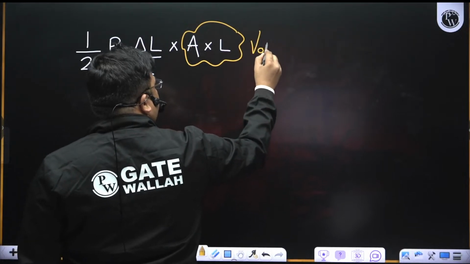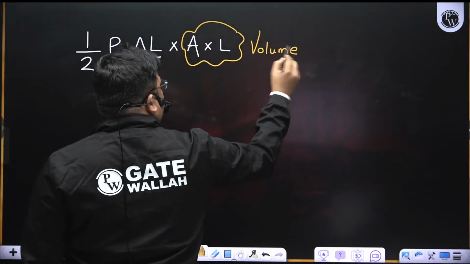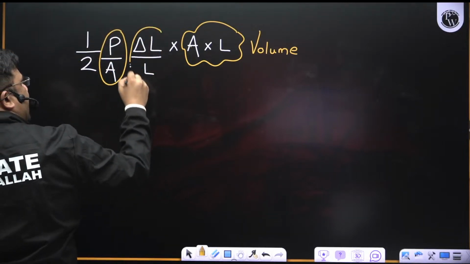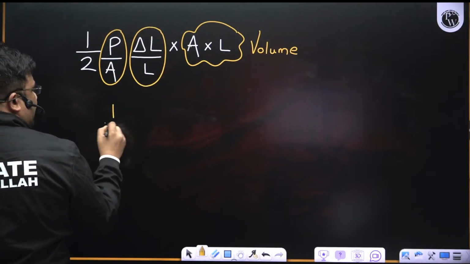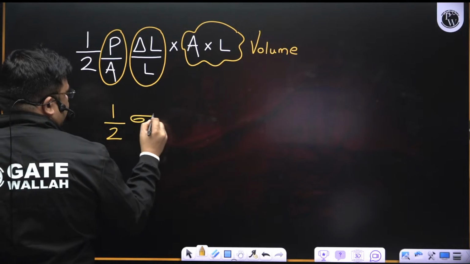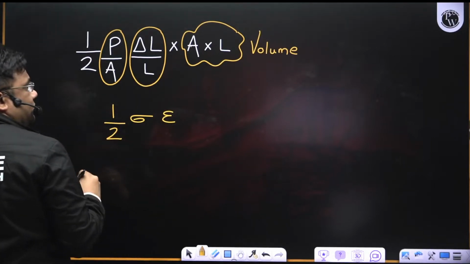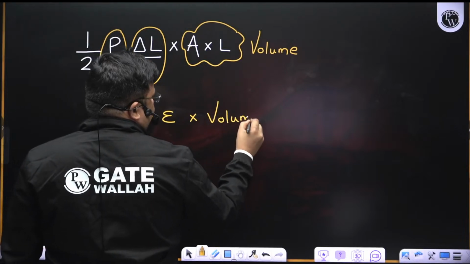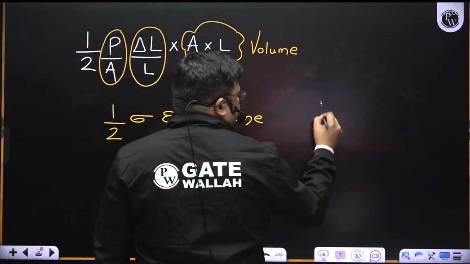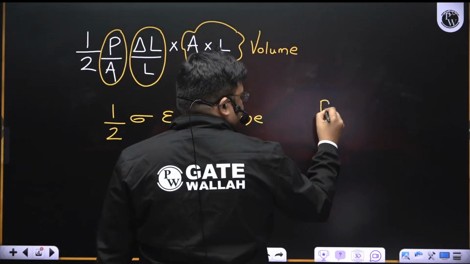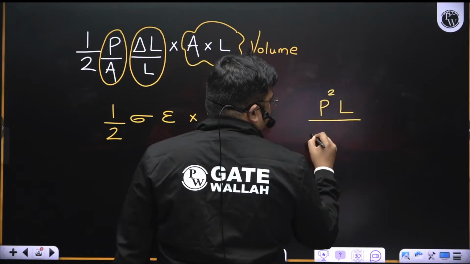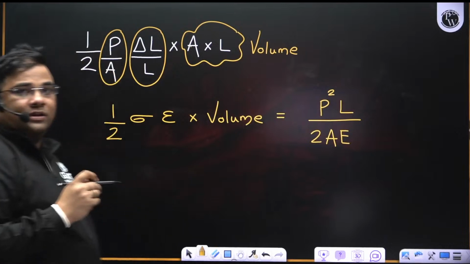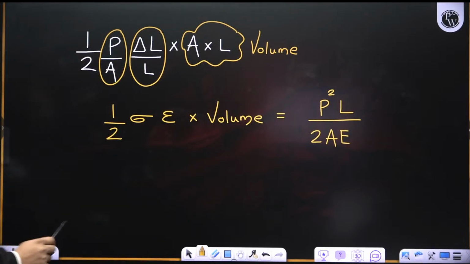And P by A is stress, and delta L by L is strain. So I can write this as half the axial stress into strain into volume. So the total strain energy, which was P square L by 2AE, is also equal to this.